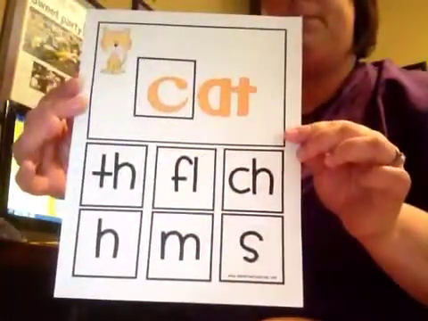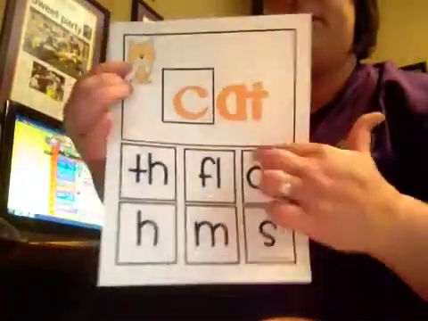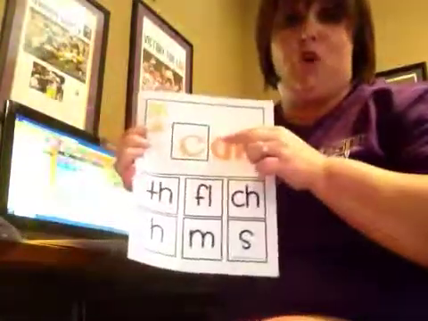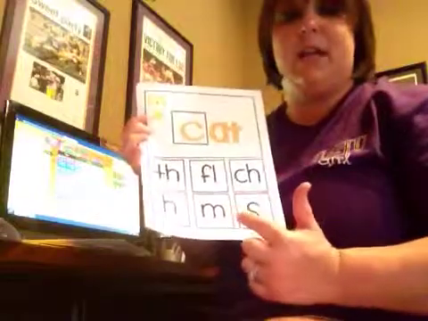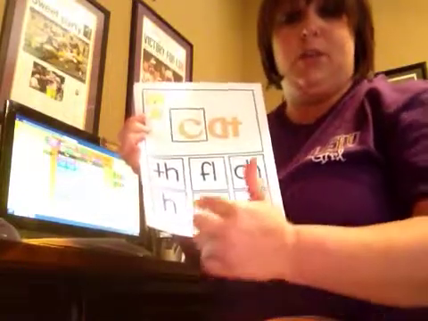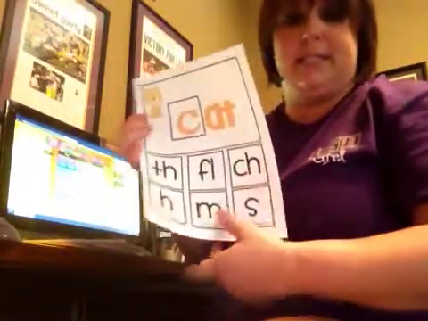And this is the other handout they would receive. And you can see there's different beginning letters. Okay, I would then model how to complete the activity. I would tell them to cut out the top picture card. And then cut out each square with the beginning consonant blend or blends.